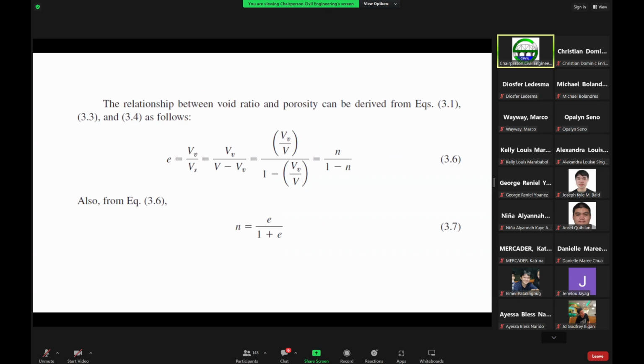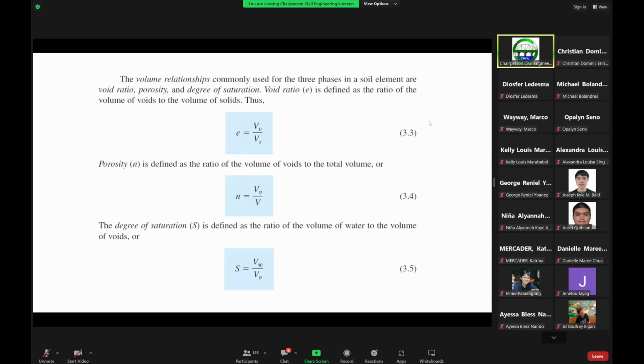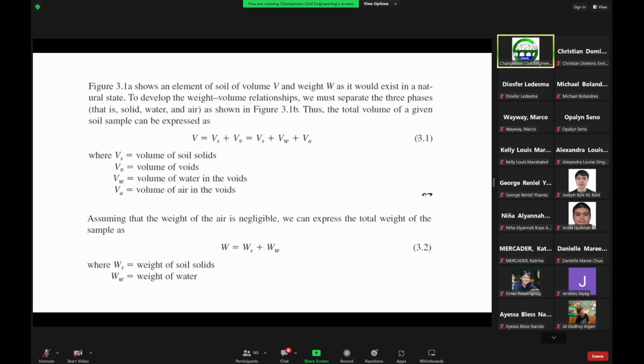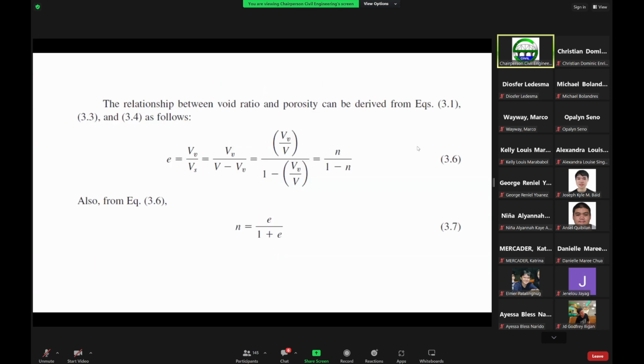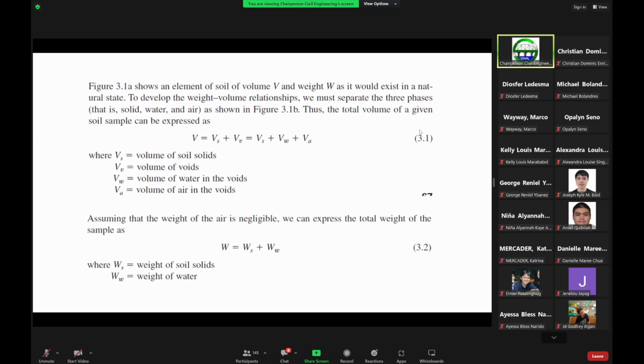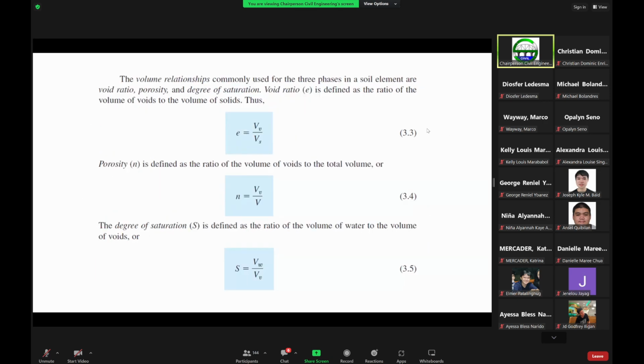Okay. Now, the relationships between void ratio and porosity can be derived using equations 3.1, equation 3.3, and equation 3.4.